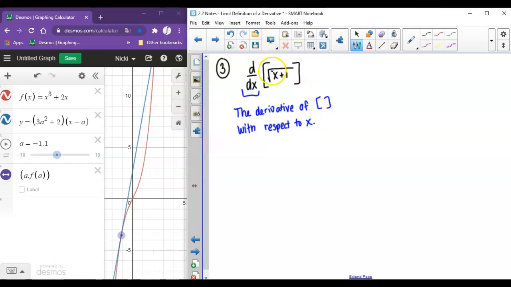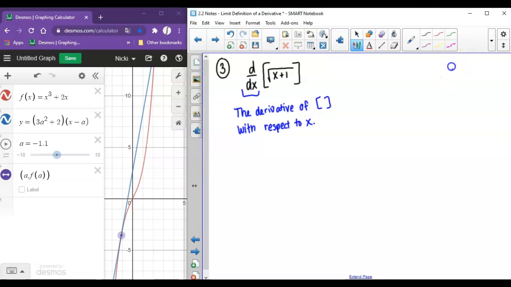So this d over dx means the derivative of whatever is in these brackets, which is, in this case, the square root of x plus 1. And it's with respect to whatever variable you see here with your dx. So this is the derivative of square root of x plus 1 with respect to x.